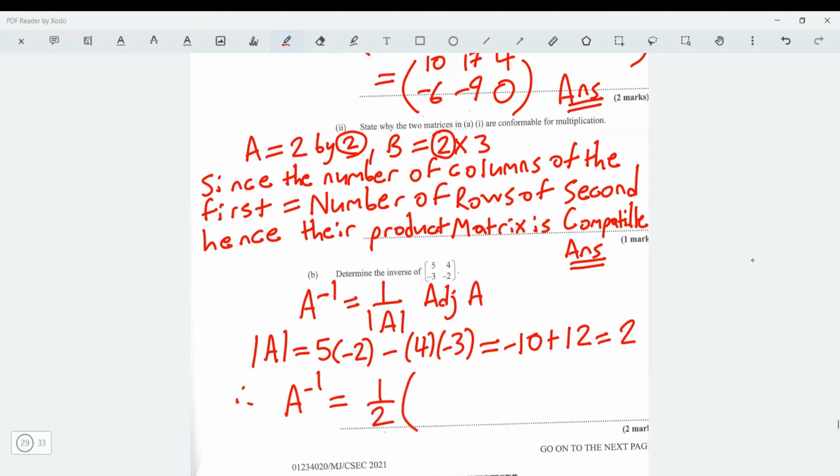For the adjoint we interchange the first and the last terms, so the minus 2 comes here and the 5 comes here. Then we negate the B and the C terms, the second and third terms in the matrix. So this becomes negative 4, and the negation of negative 3 is 3. So that's going to be the inverse of the matrix A. Nice.